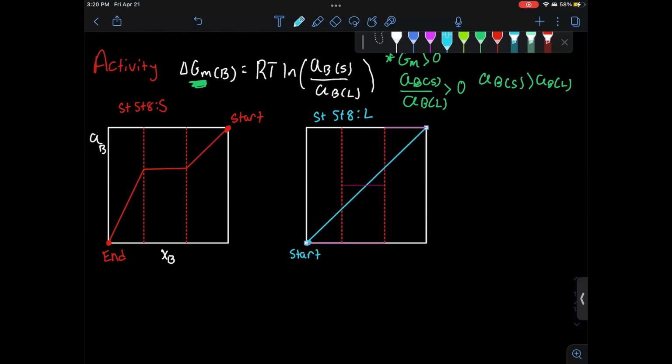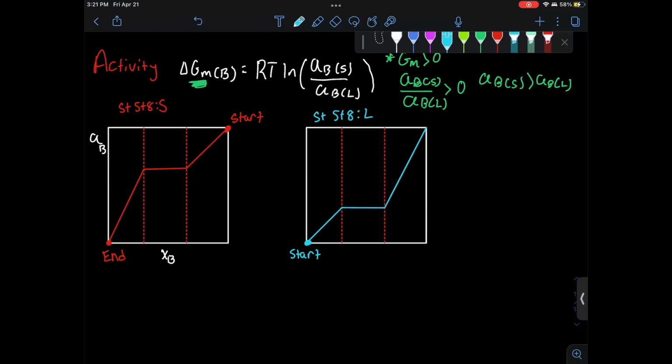And if we were to start as a liquid, we would go under ideal conditions. From here, we're going through a phase transformation. Now, what I cannot do is bring my activity to 1 where my composition is 1.